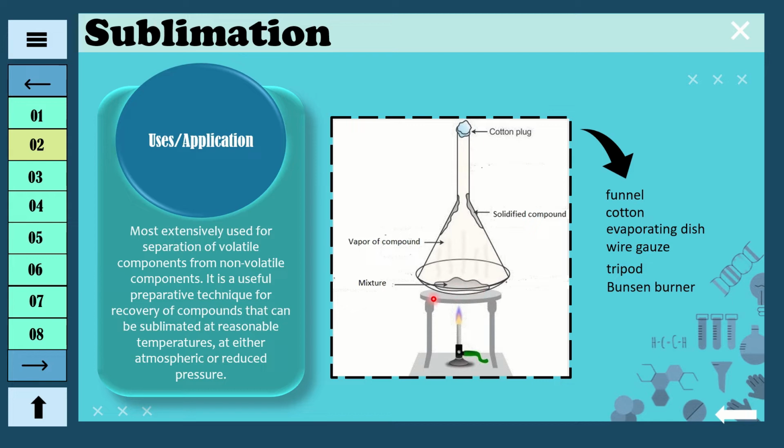The purpose of using wire gauze in this setup is to spread the heat evenly over the entire evaporating dish. Next, you have to cover the evaporating dish using an inverted funnel, just like here in our picture. Next, you have to plug the apex, or the ending, of the funnel using the cotton. Lastly, you have to place and light the Bunsen burner below the tripod. This Bunsen burner here will be our source of heat.